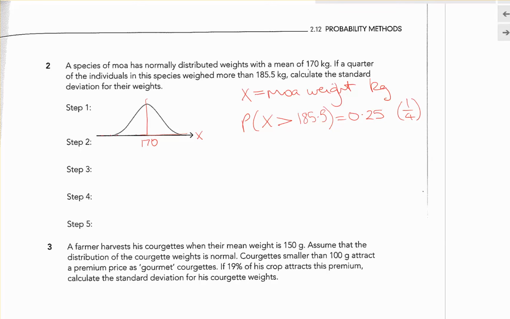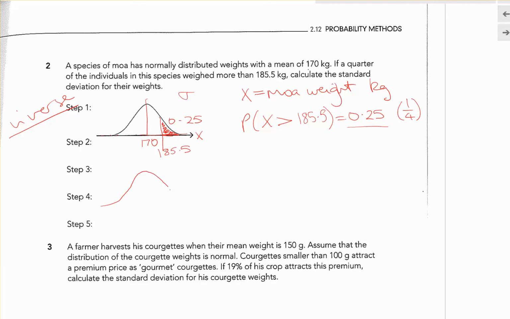Right, so that tells me that 185.5 must be up here, so that the probability of a weight being more than that is the same as the area under the curve, and that's got an area of 0.25. I can see I've already got the answer.